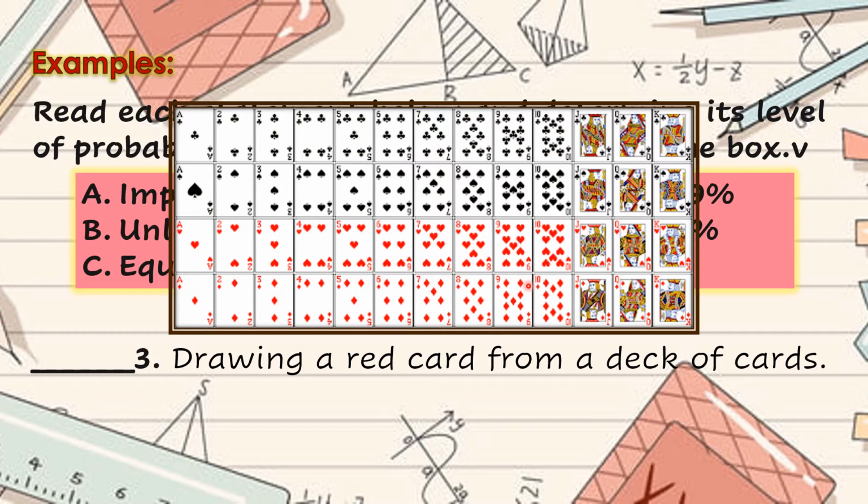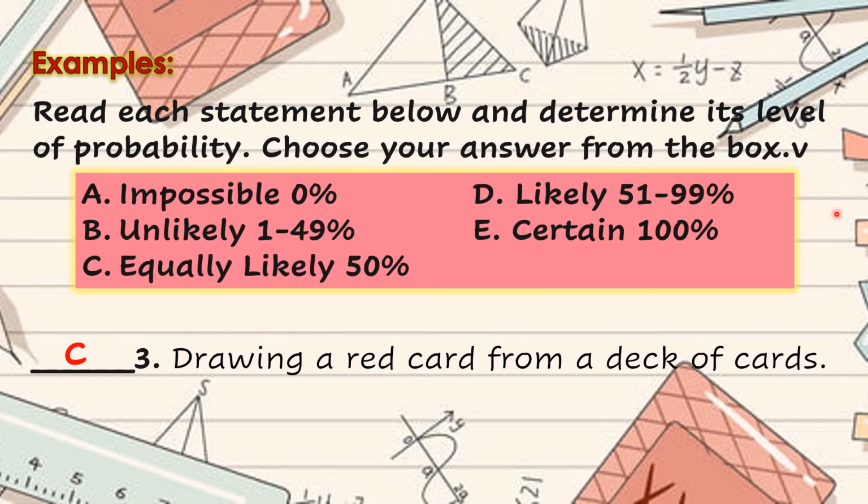Ibig sabihin, 50-50. Di ba? Sa isang deck of cards, 50% is yung black colored cards and 50% din ang red colored cards. Therefore, the probability is letter C, equally likely to happen.